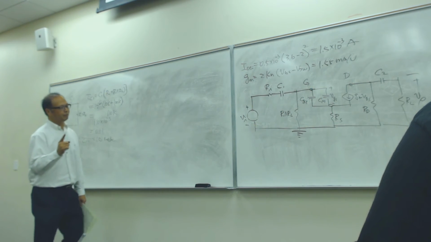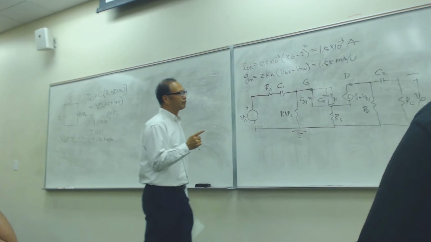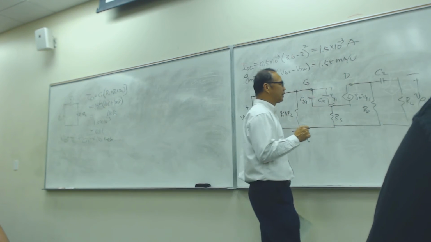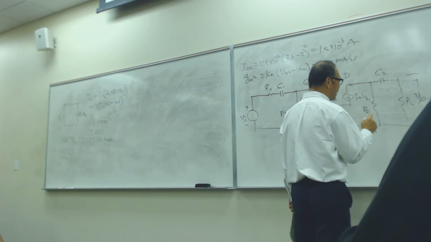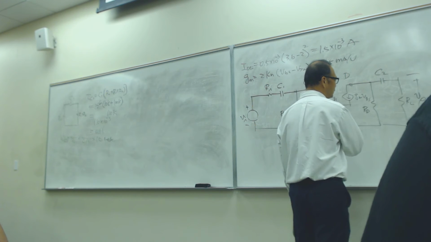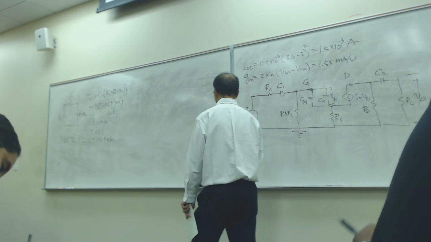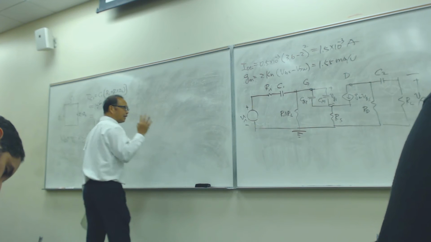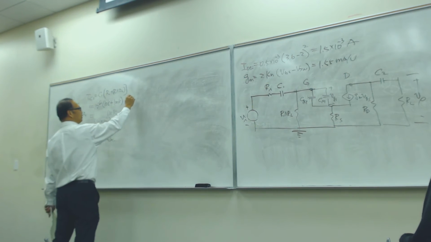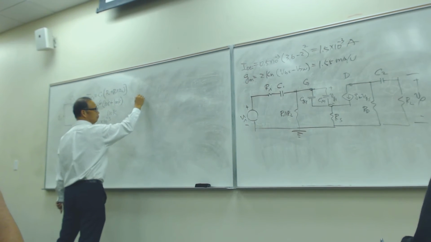Okay, the next one. Let's say what is the RC time constant for C sub 2? All right, then you have to put a test voltage. So basically, this is what you have.